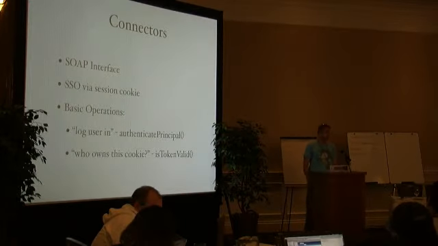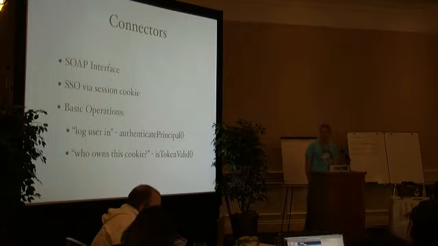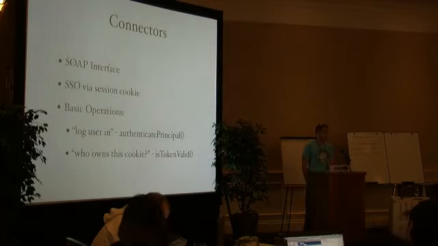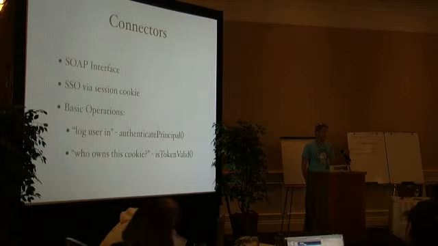SSO is, as I mentioned earlier, via session cookie. The two very basic operations you need to do something useful are, to log a user in, you call authenticatePrincipal, you give it a username and a password, and it gives you back a token that says, yep, this is valid for that user session.